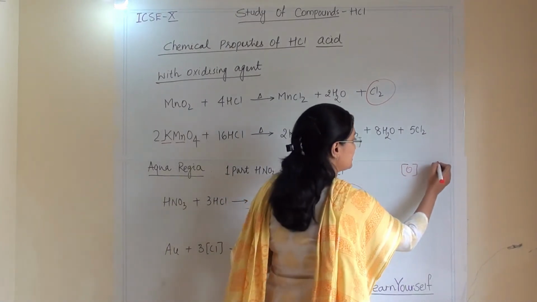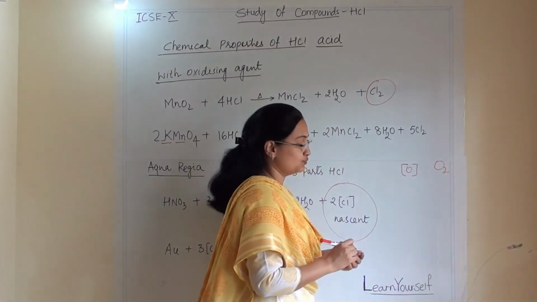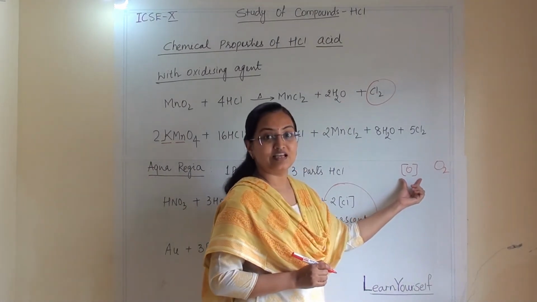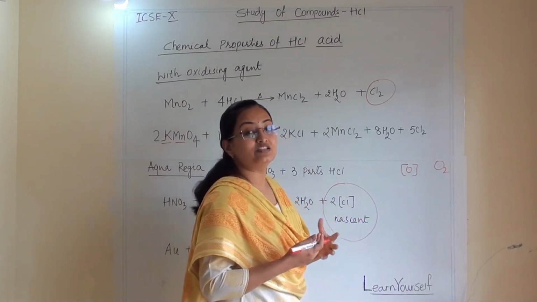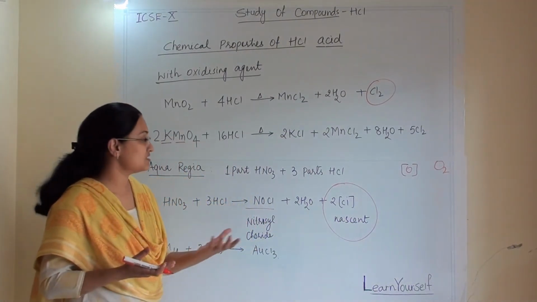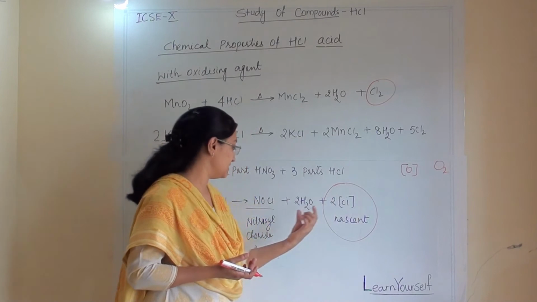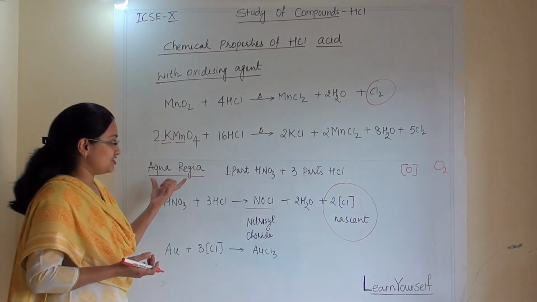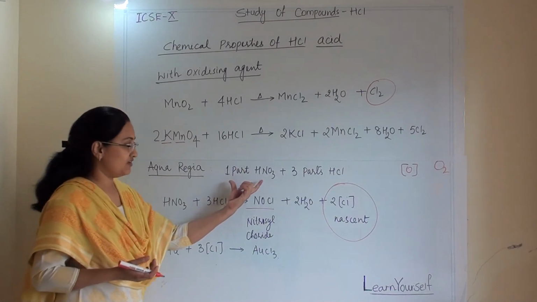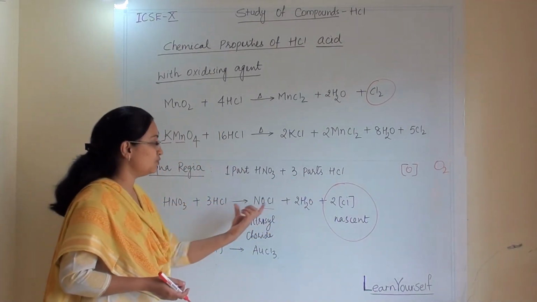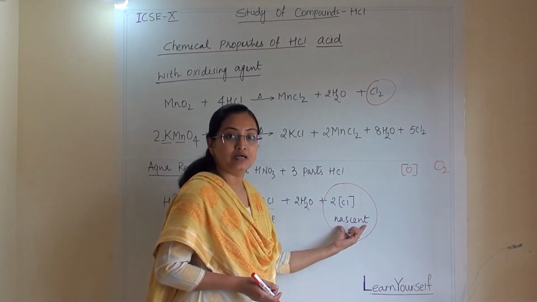We always see the form O2 and not oxygen alone. So this is also known as nascent oxygen. The reactivity of this kind of atom is very high because they are highly unstable. Again, when we make aqua regia, we take 1 part of nitric acid and 3 parts of HCl. When we mix it, we will get nascent chlorine.